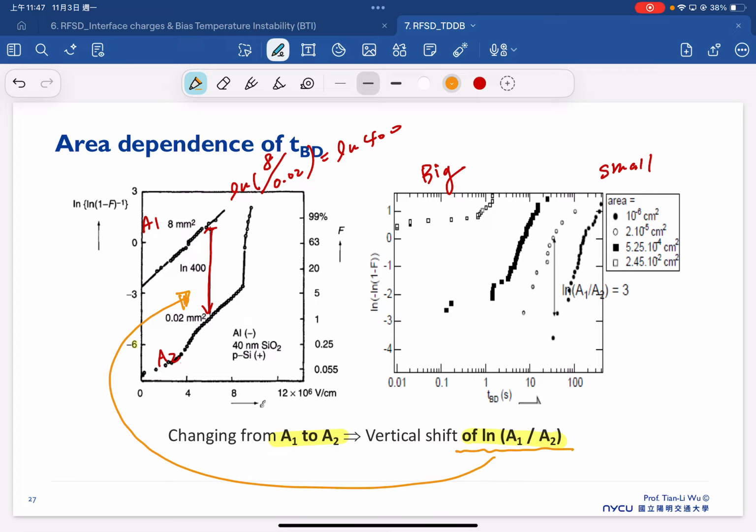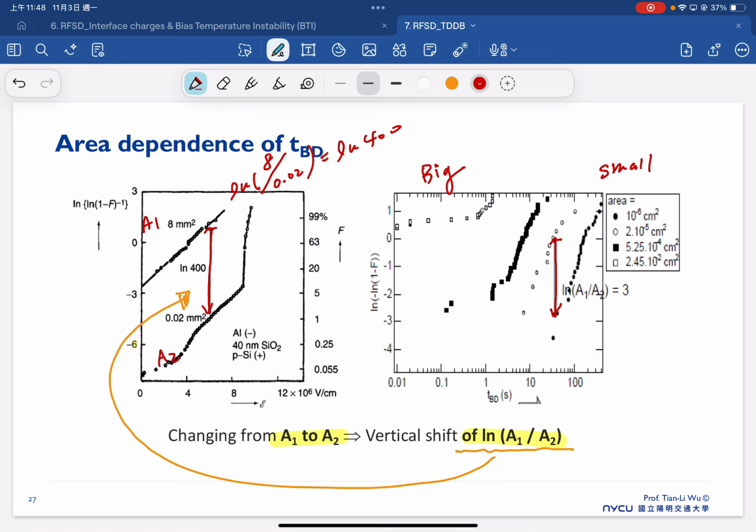This is the same. We can simply shift every area to one reference area by considering the natural log of the big area over the small area. That's what we call the area dependency.